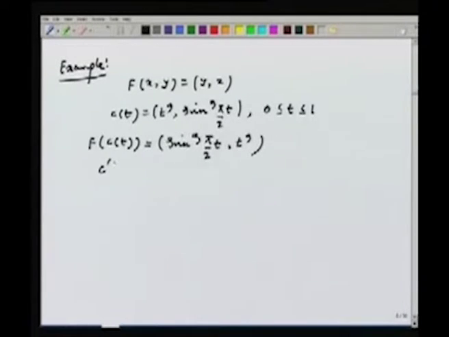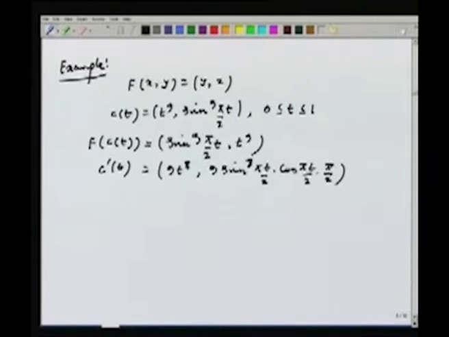Then I need to calculate what is C'(t), that is (9 t^8, 9 sin^8(pi t / 2) cos(pi t / 2) times pi/2).